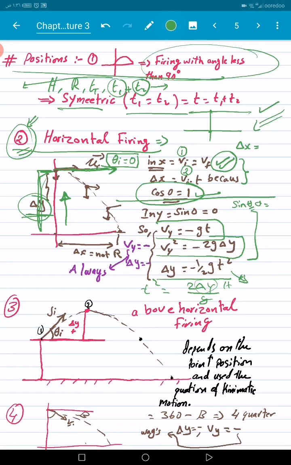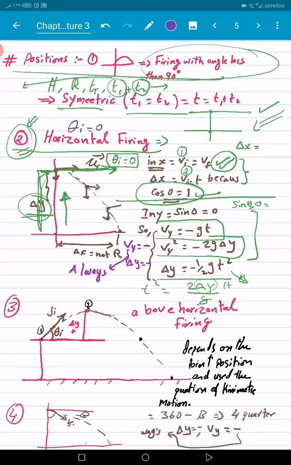When I fire from horizon, the important thing to know is the angle: theta is equal to 0. So be careful: cosine 0 is equal to 1, and sine 0 is equal to 0. Apply it in the equations in x and in y.